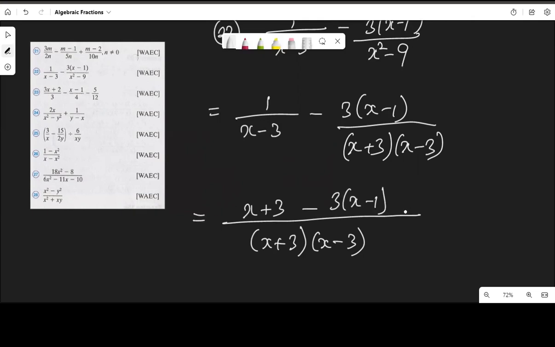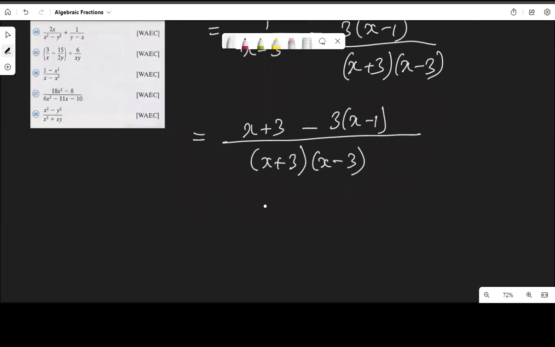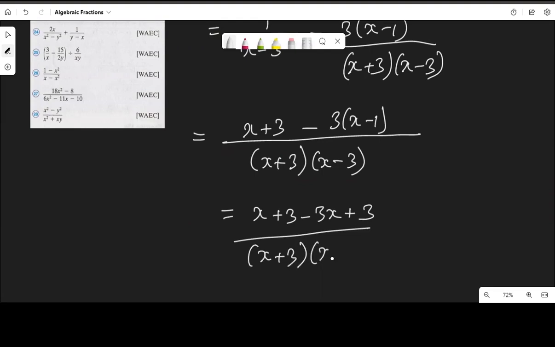So that when I distribute this, I'll have x plus 3 minus 3x, then minus times minus is plus 3, all over x plus 3 and x minus 3. Let's collect like terms, this and this, and this and this.